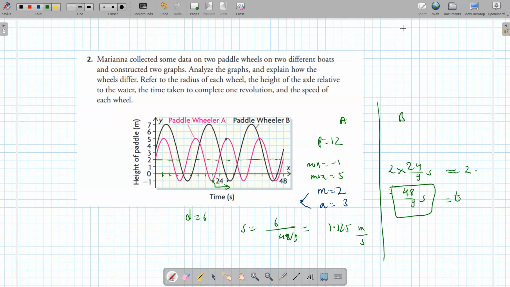Black graph is the same thing. I mean, what changes? What's the period of the black graph?